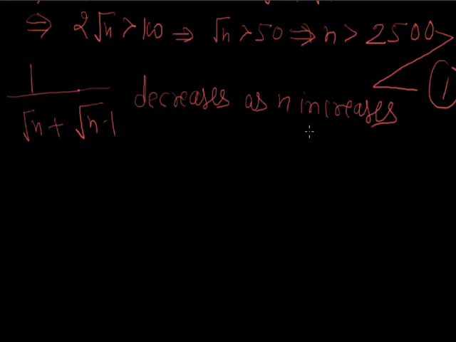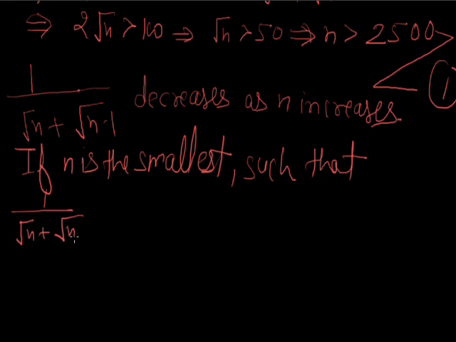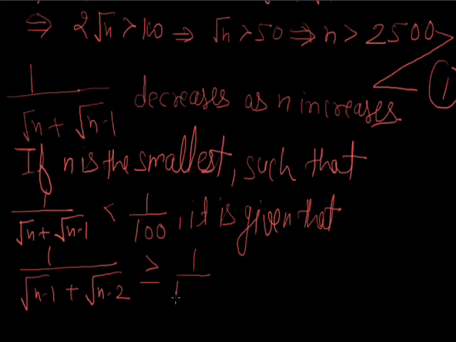Now, if n is the smallest positive integer such that 1 upon root n plus root n minus 1 is less than 1 upon 100, then 1 upon root n minus 1 plus root n minus 2 is greater than or equal to 1 upon 100.